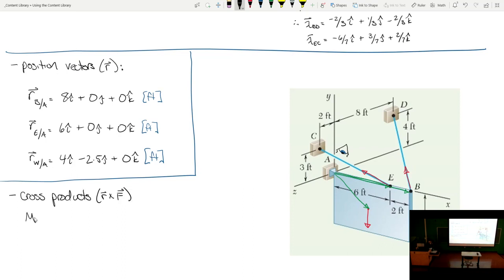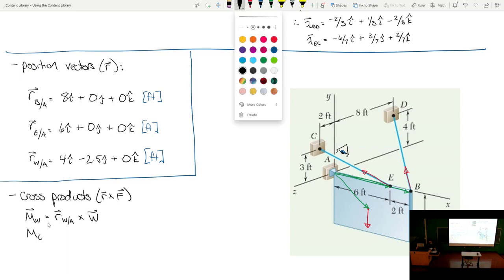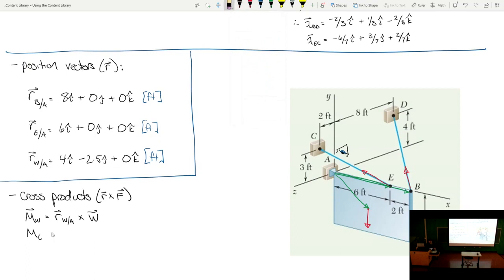So we'll call it MW is going to equal R cross F. We're going to have M, we'll call it B. And then we're going to have ME.